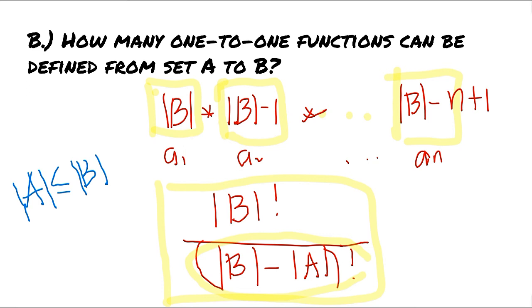Because if we think about it, if the cardinality of a is greater than the cardinality of b, then there will be more elements in the domain than the codomain.